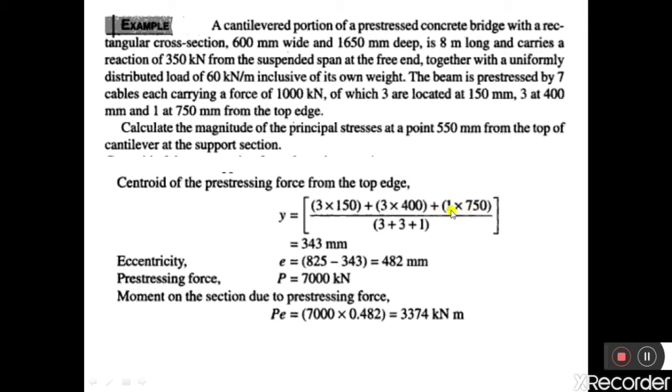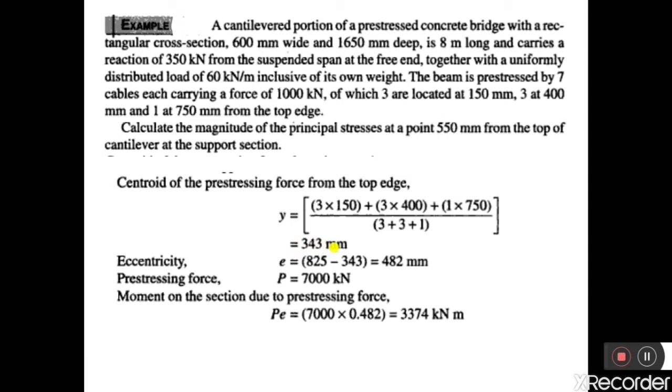So one cable which is located at a distance of 750 mm from the top edge, divided by 3 plus 3 plus 1, which is the total number of cables, that is 7 cables. So y is equal to 343 millimeter.